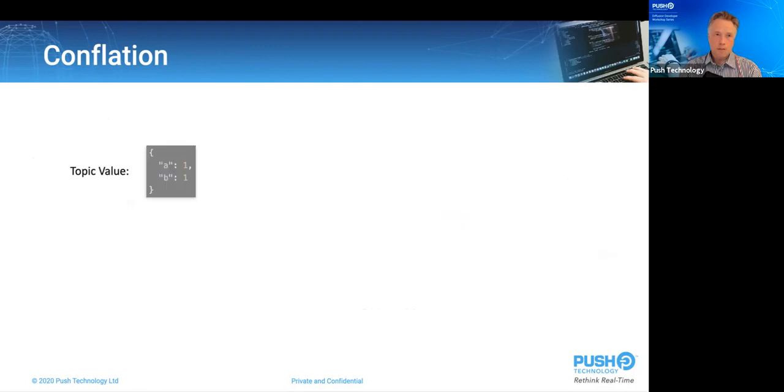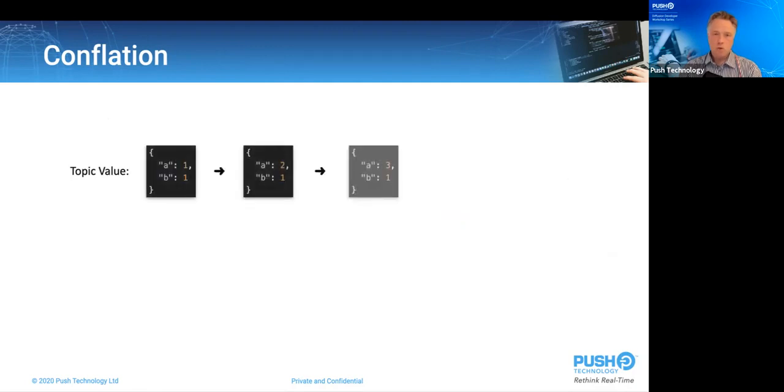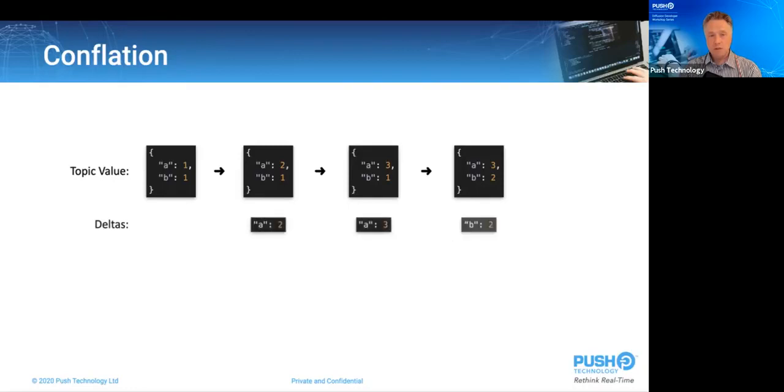For example, imagine this JSON value holds two named counter properties. A is incremented twice and B is incremented once. The set of deltas resolve to these, setting A to 2 and then to 3, and then incrementing B to 2. Conflating the deltas together gives us this grand delta, which will transform the first topic to the last.